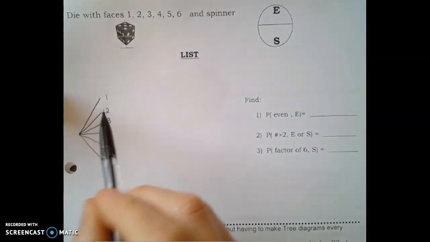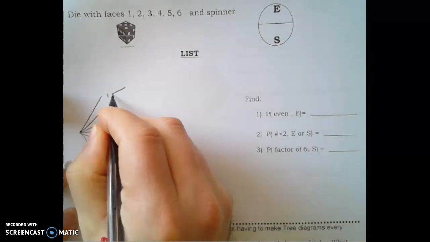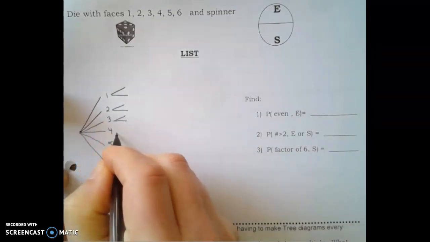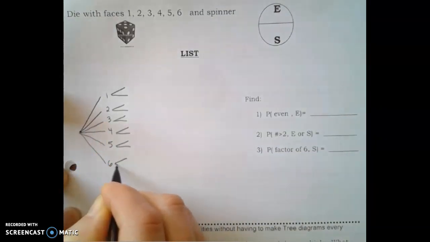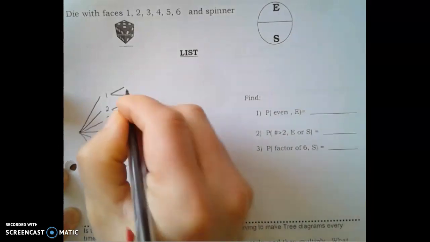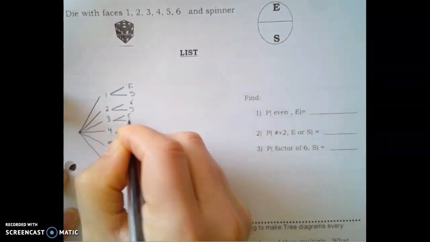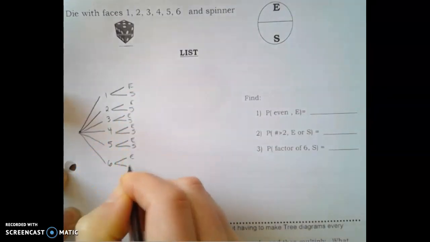And so off of each one of these numbers, I'm going to have 2 branches. So let's make 2 branches off of each of the numbers. And then once you've drawn your 2 branches, we're going to label them with E and S. Those are the 2 possibilities when you spin the spinner. So let's go ahead and label each of these E and S.